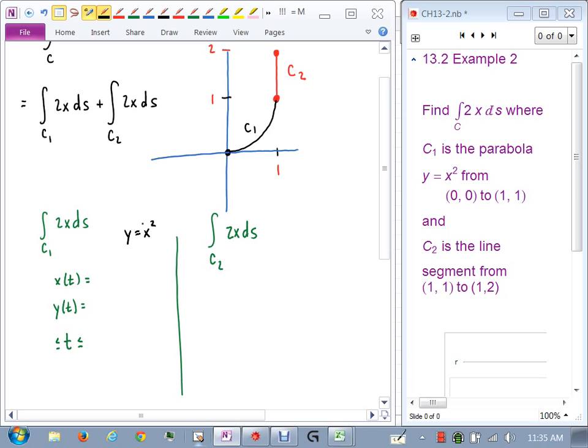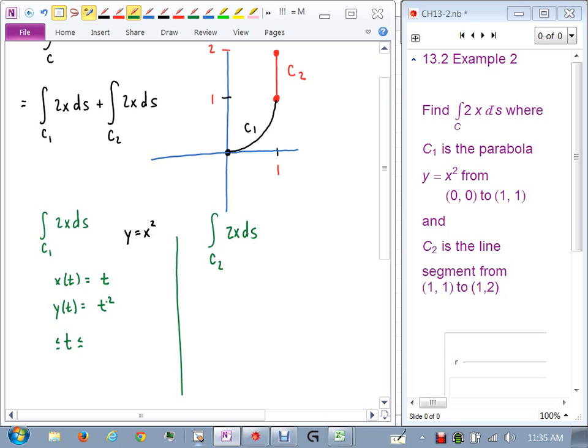So x is the independent variable, y is dependent on x. If you ever have that situation where one variable depends on the other, replace the independent variable with t. So I'm going to replace x with t. So if x is t, what's y? t squared, isn't it? If x is t, then y is t squared.